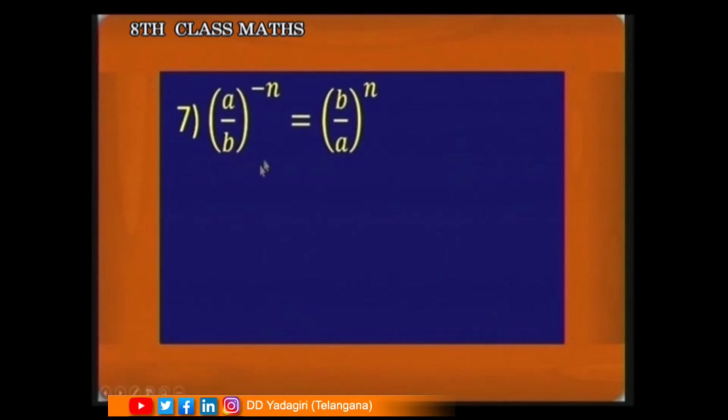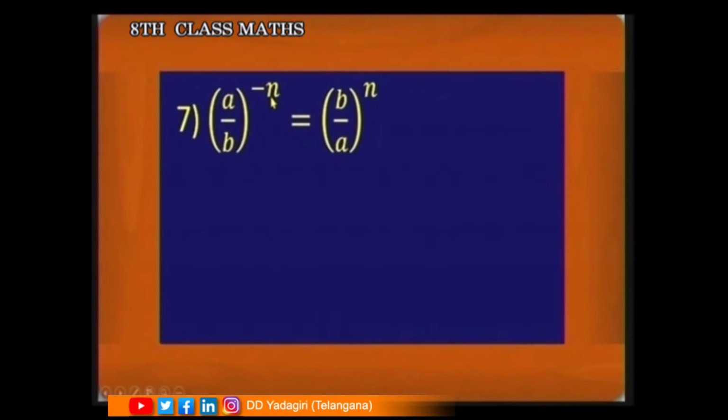Now look at the 7th law. This law clearly says that if this fraction has the negative exponent minus n, (a by b) whole to the power of minus n, then we can take the reciprocal of this fraction. a by b can be written as b by a, and then the exponent becomes its additive inverse.